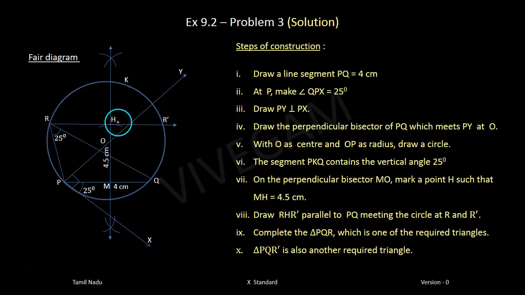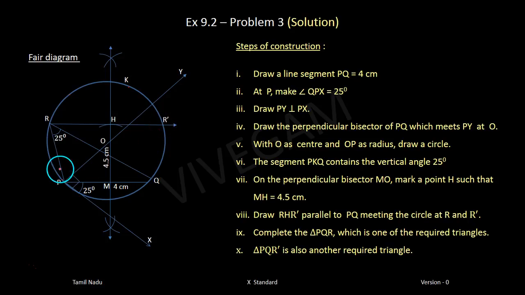So through H, draw a line parallel to PQ. It will cut the circle at R and R dash.